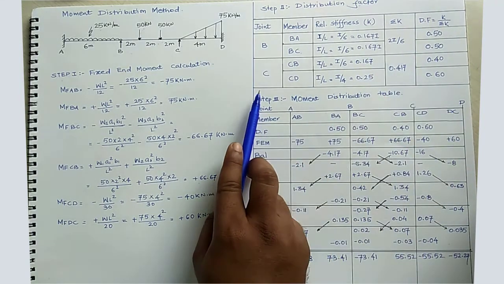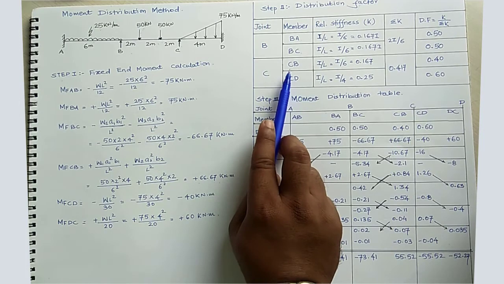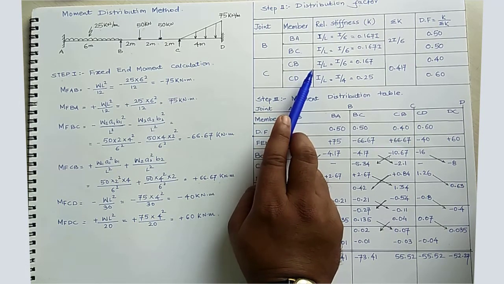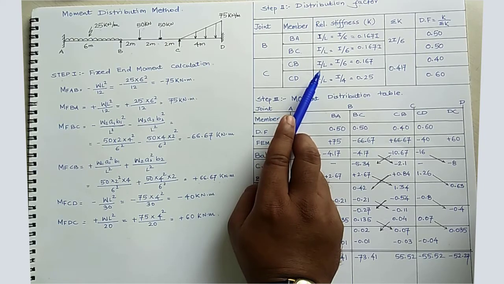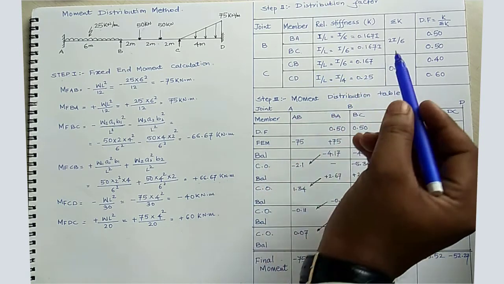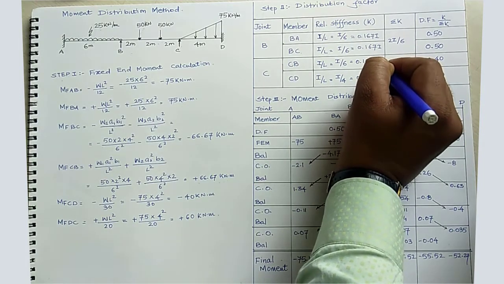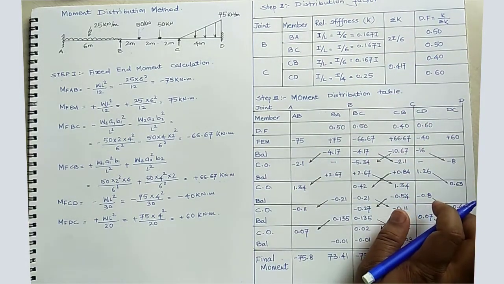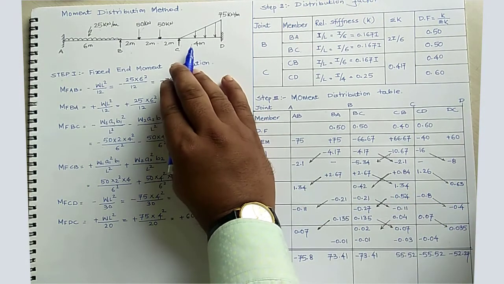Now for joint C, there are again two members, CB and CD. For the calculation of relative stiffness for CB, the B end is the far end and it is the continuous one, hence it is I by L. So the value is I by 6, that is 0.167 I. And for CD it is I by L, the value of L is 4 meter.